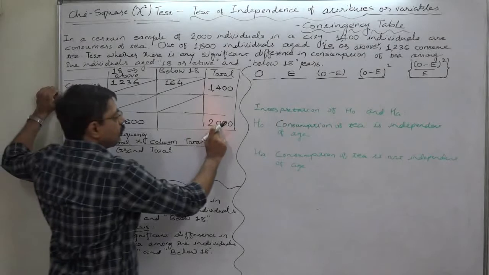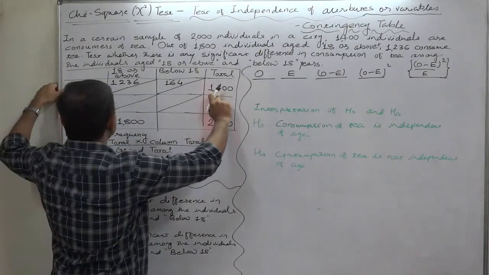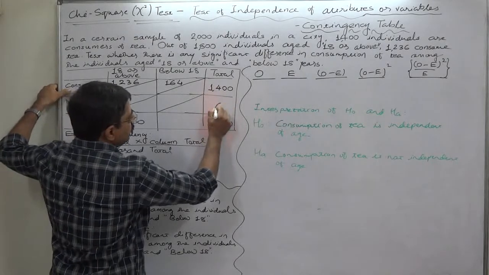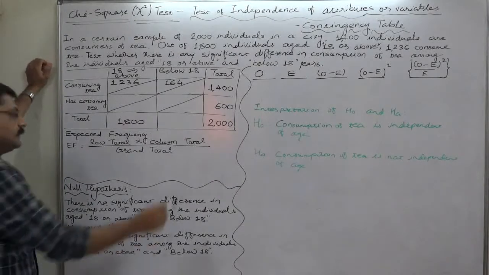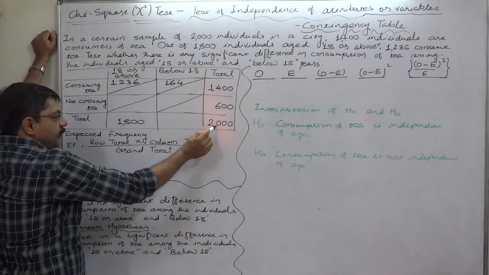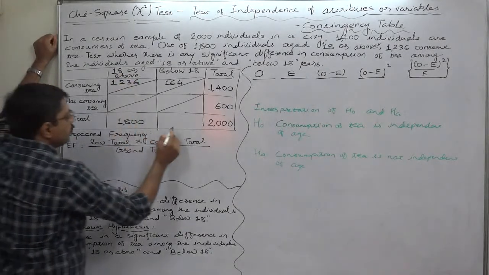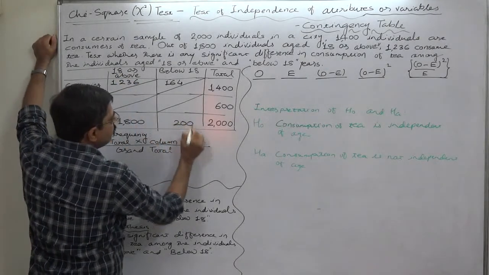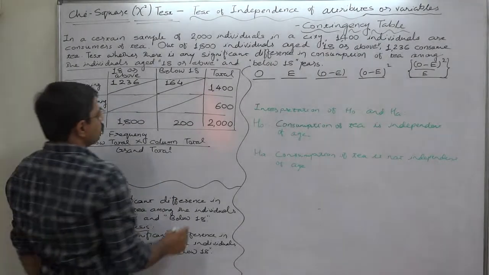Similarly, if the total number of individuals is 2000 and out of which 1400 consume tea, the remaining 600 don't consume tea. Same way, total number of individuals 2000, out of which 1800 are 18 or above, that means the remaining 200 are below 18 years of age.